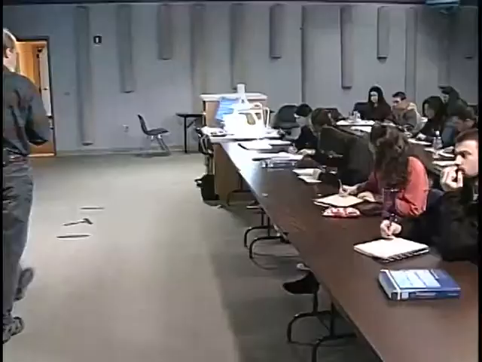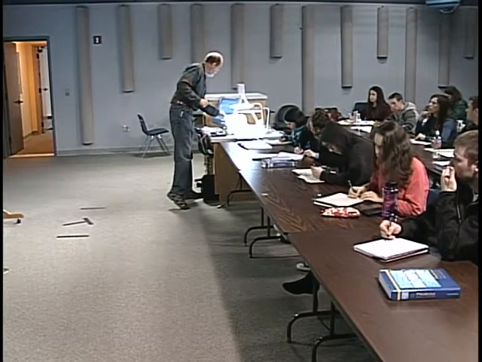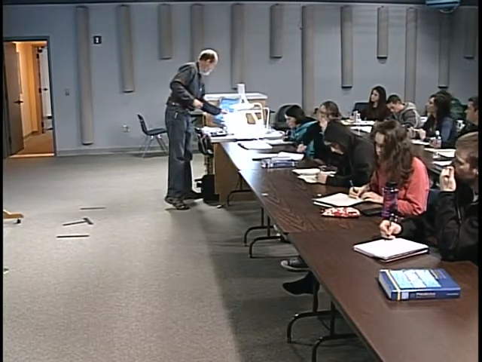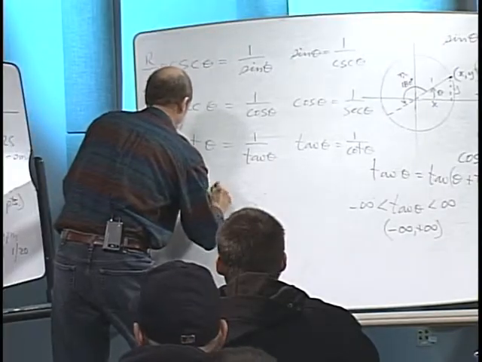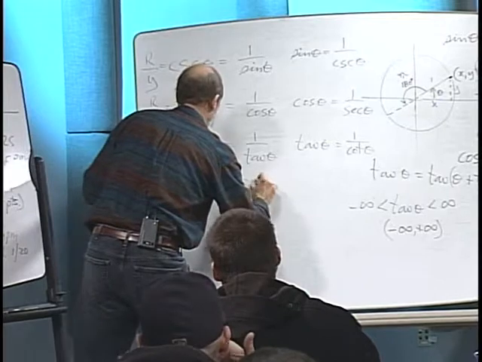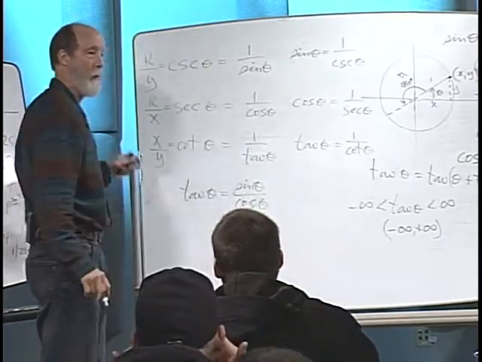While you're jotting those down, I'm going to see what other items are important for us to have available. I've already done this with you: the tangent of an angle is the sine of the angle over the cosine of the angle. That's very important as well.